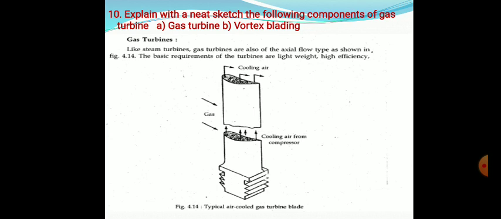Gas turbines. Like steam turbines, gas turbines are also of the axial flow type as shown in the figure. The basic requirements of the turbines are light weight, high efficiency, reliability in operation and long working life. Here it is the cooling air from the compressor, gas cooling air. So this is the gas turbine.